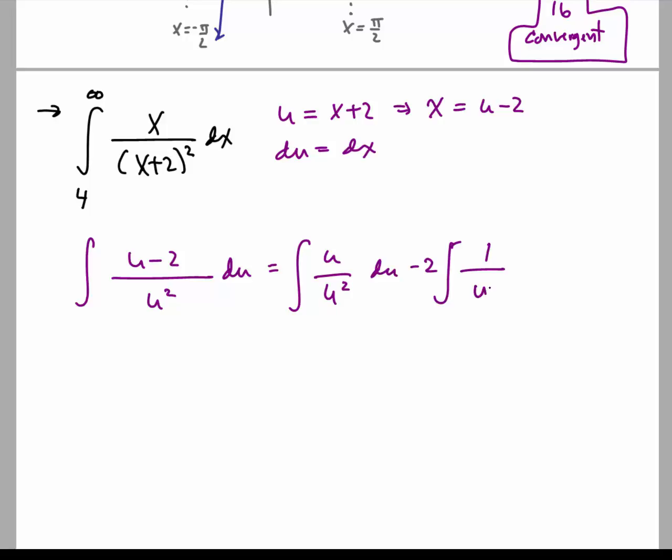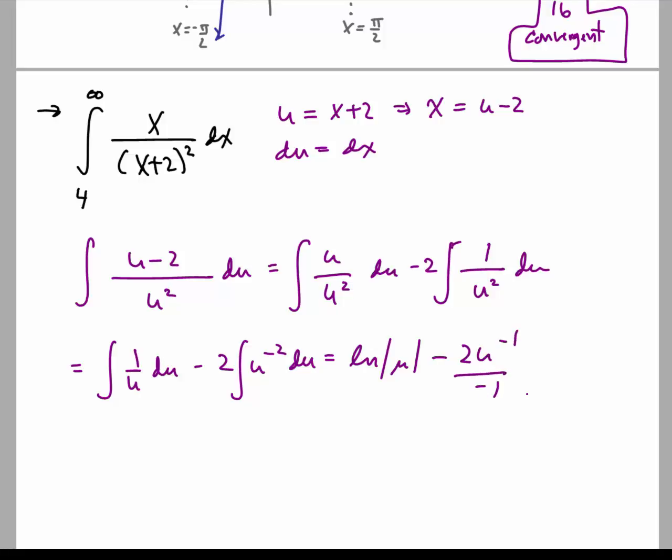Minus 2 integral 1 over u squared du. 1 over u du minus 2 integral u to the negative 2 du. So this is natural log absolute value of u minus 2u to the negative 1 divided by negative 1. So negative divided by negative is a positive. The 2 doesn't flip, but the u does.